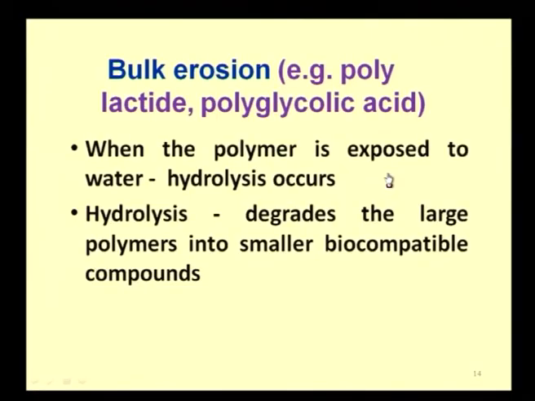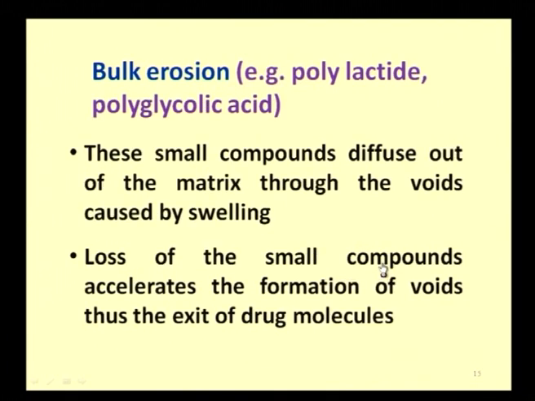What happens in bulk erosion is that when such a polymer is exposed to water, hydrolysis occurs immediately, and hydrolysis leads to the degradation of the larger polymers into smaller biocompatible compounds or molecules, and these smaller compounds diffuse out of the matrix through the voids caused by swelling.